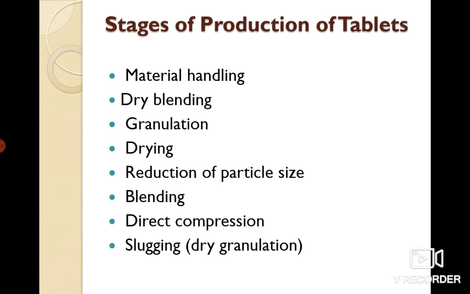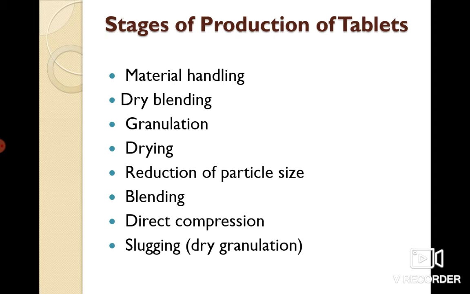We already know there are various stages by which we can manufacture tablets, and the first and most important is material handling. In the laboratory, material is simply scooped or poured by hand, but in intermediate or large scale operations, handling of material often becomes very necessary.